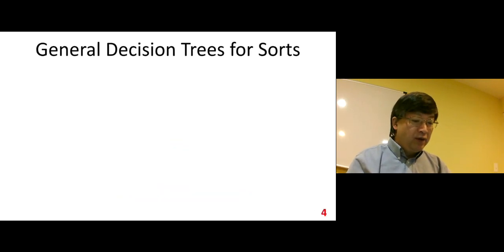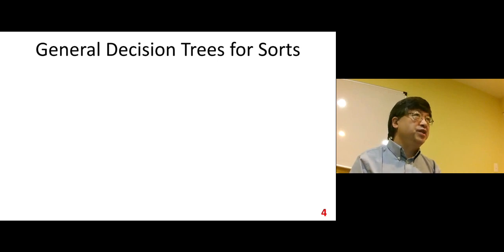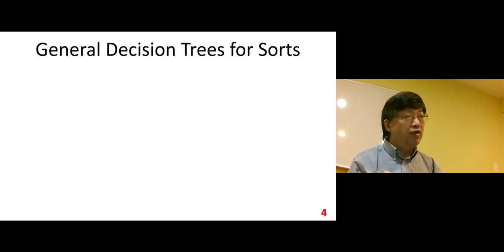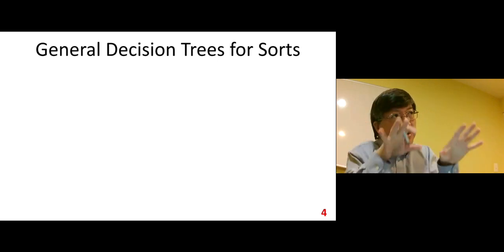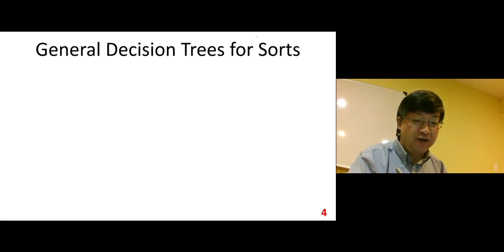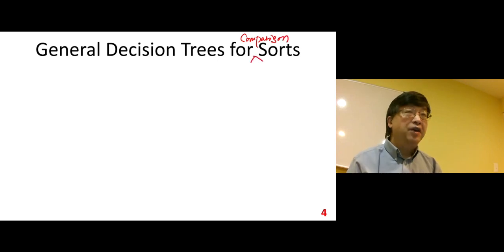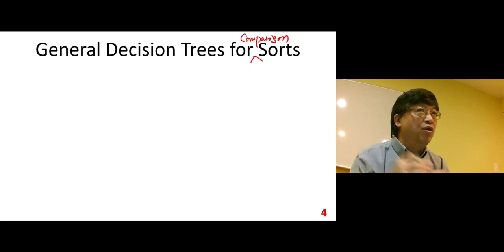Next, we want to see the general decision trees for sorts. We want to study the general decision tree for all comparison sorts. I didn't write the complete phrase, comparison sorts, here, because for counting sort we cannot use this kind of decision tree to describe it, because it is not a comparison sort.